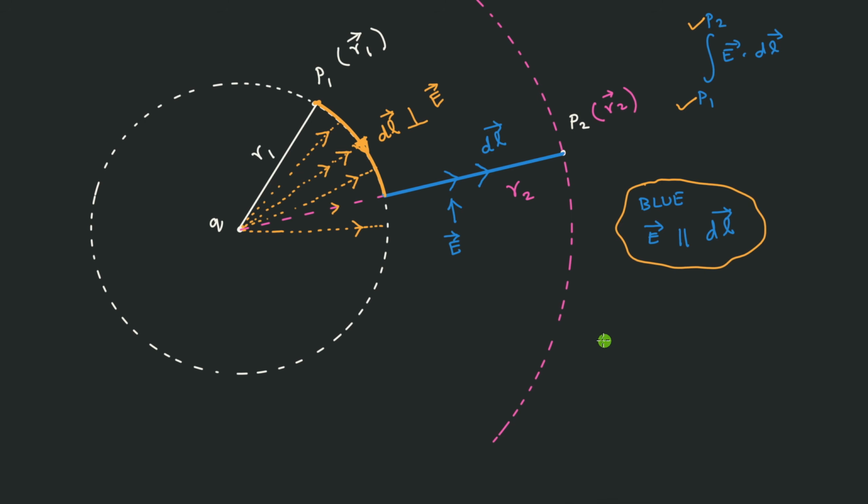We now write down finally that our integral of E dot dl, where C is the contour, is given by the integral along the orange curve, for example, of E dot dl plus the integral over the blue color straight line of E dot dl.